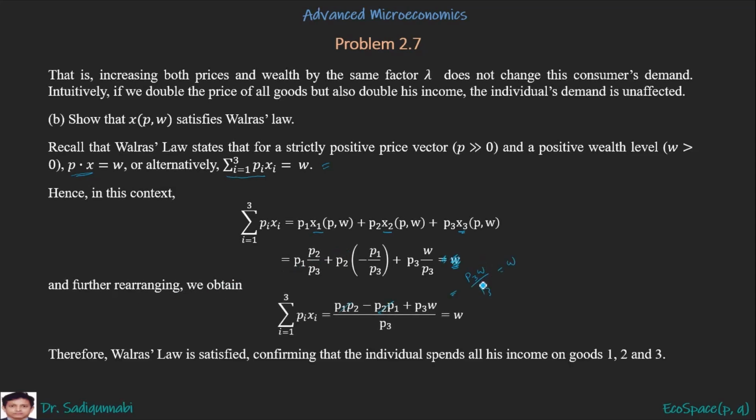So when you say that this one equals that, we know that Walras' law is satisfied, confirming that the individual spends all his income on goods 1, 2 and 3. So this is the Walras' law.